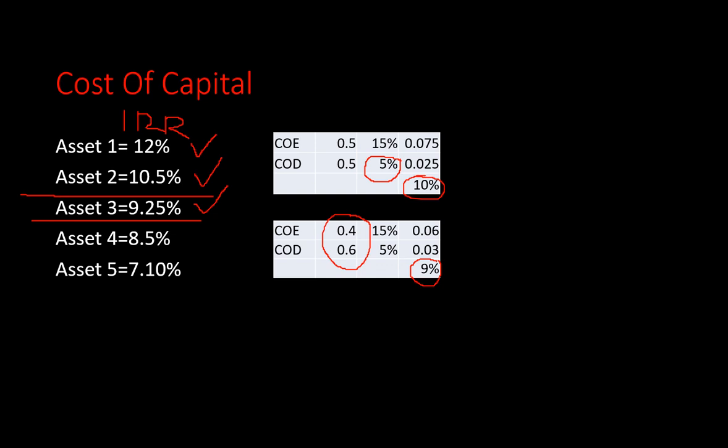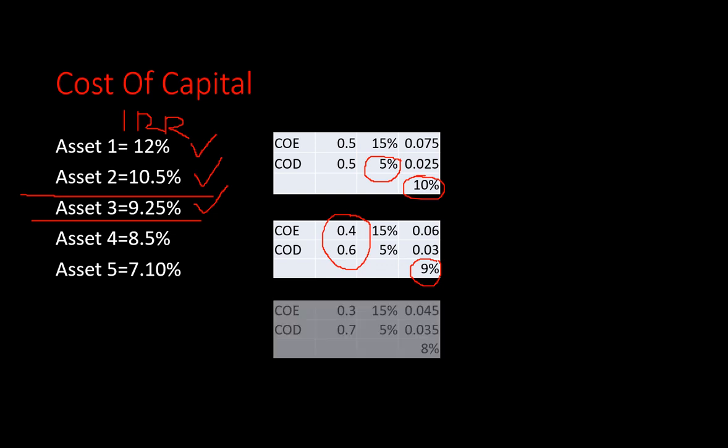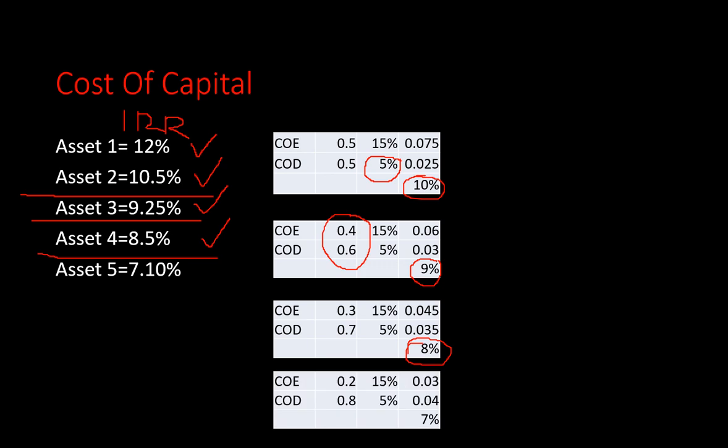Let's try to exaggerate and let's assume that you can still borrow money. And you were able to increase the weight from 60 to 70%. So what will happen? Your cost of capital will now be 8%. This one will also be acceptable. And more debt, 80%. So your equity is now 20%.